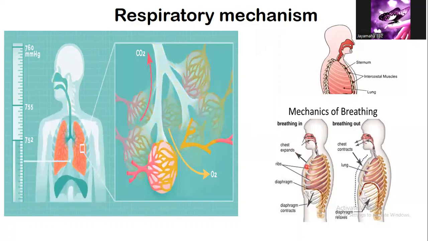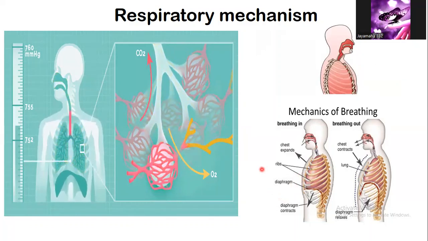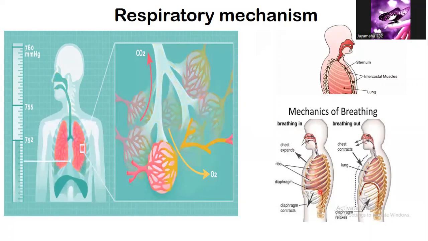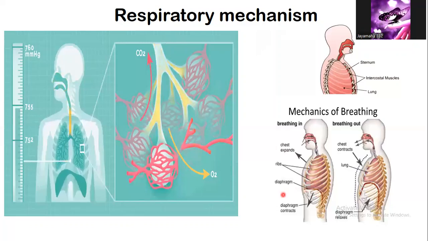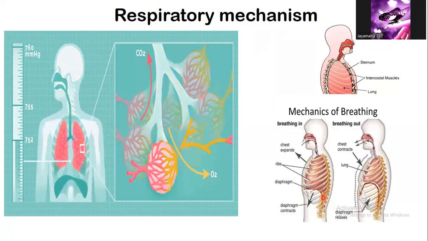This creates a lower pressure inside your lungs compared to the external atmosphere. As a result, air enters your lungs, the alveoli. So inspiration allows oxygen-rich air to enter the alveoli, where it can then diffuse into the bloodstream.